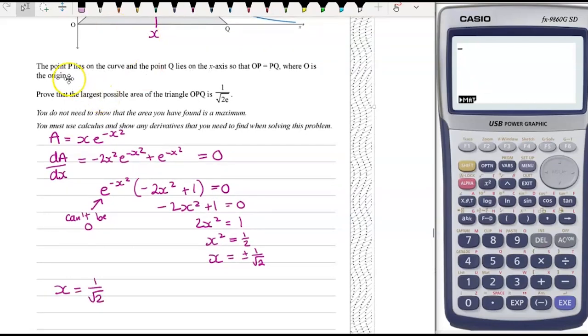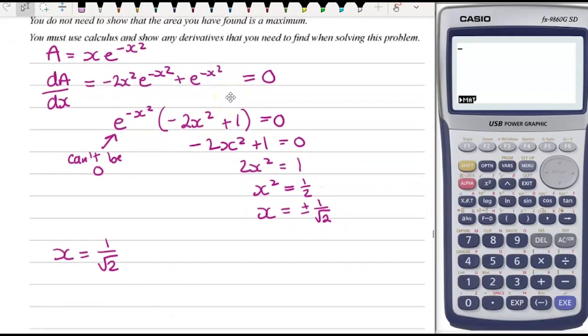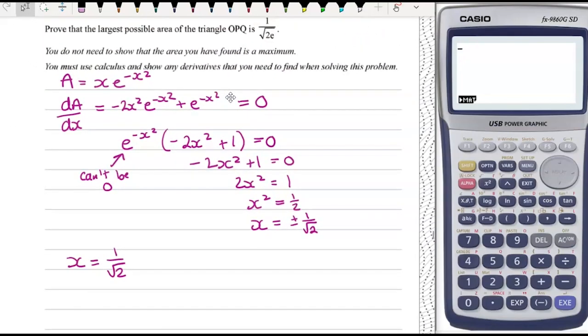And finally, we actually need to find the area itself. So prove the largest possible area is this much. So now let's put that into our area equation. So when this is true, area is equal to x e to the minus x squared. So that's 1 over root 2 e to the minus x squared. So that's this one squared, which actually we have over here already.